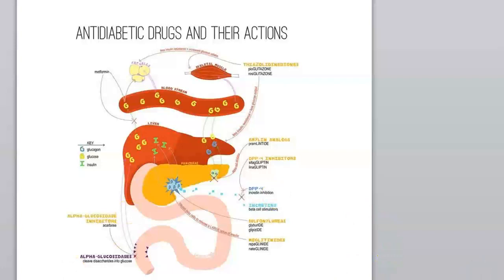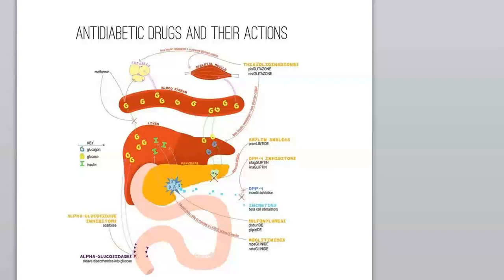So again, we're talking about the classification of thiazolidinediones, and I just refer to them as TZDs. And our prototype for this particular classification of anti-diabetic meds is rosiglitazone.